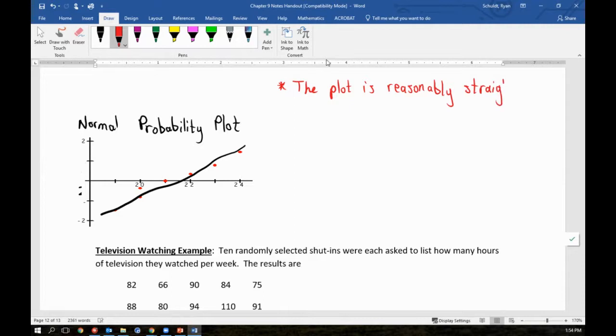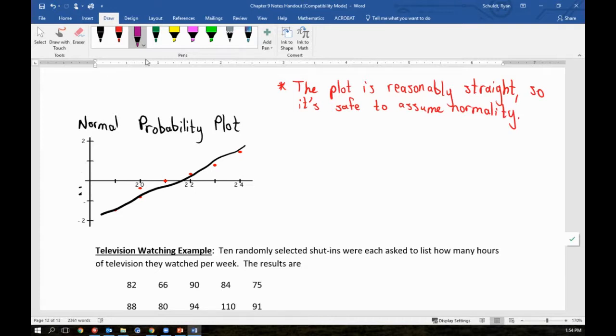So it's safe to assume normality. Okay, so we meet all 3 of our conditions, which means we can proceed with our calculations.